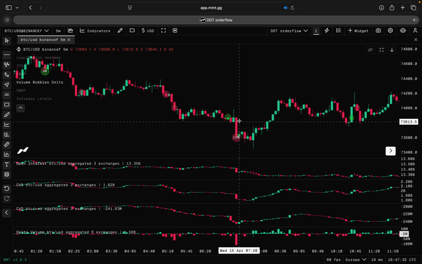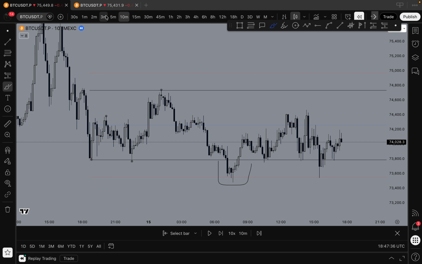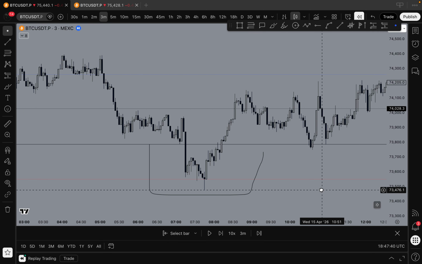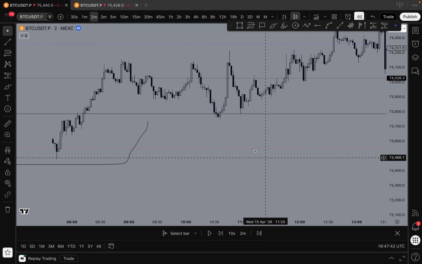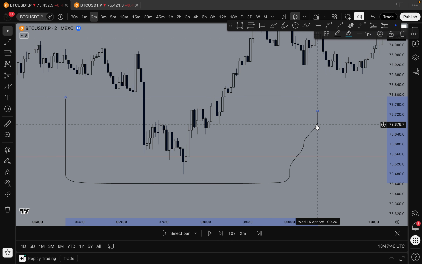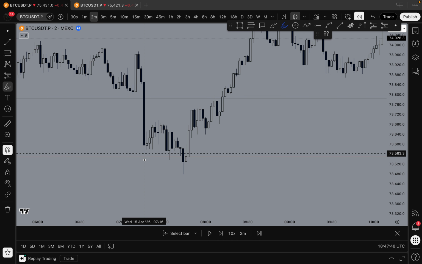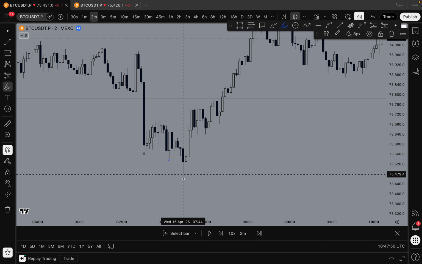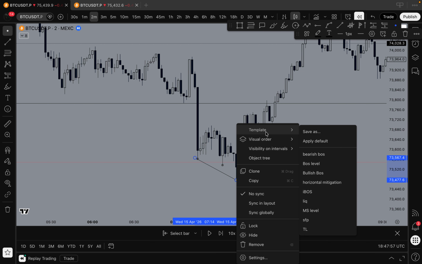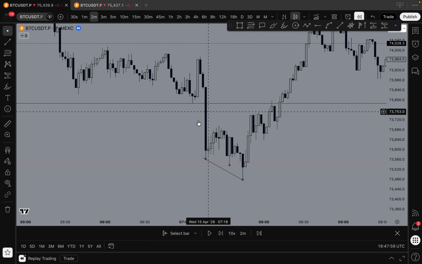Then you should expect price to go lower. But what does it do? It did not go lower. Instead, even on a very, very local time frame, it showed a 1, 2, 3, aka a 3 drive, which just shows absorption.